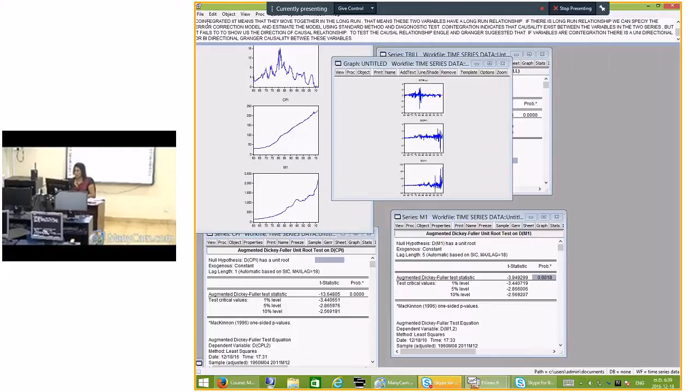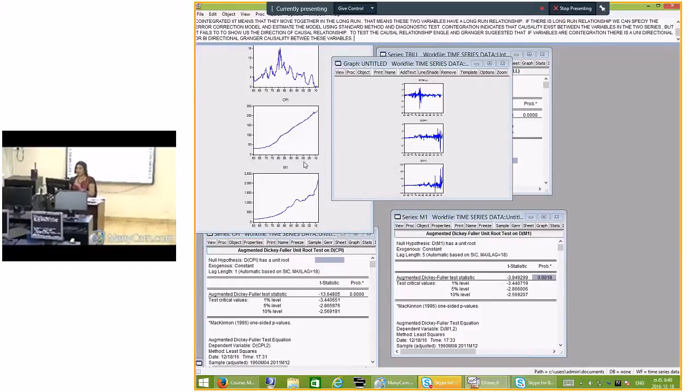If you graph these data, you can see the trend. So you need to detrend it, right? You need to convert the data to a stationary process.